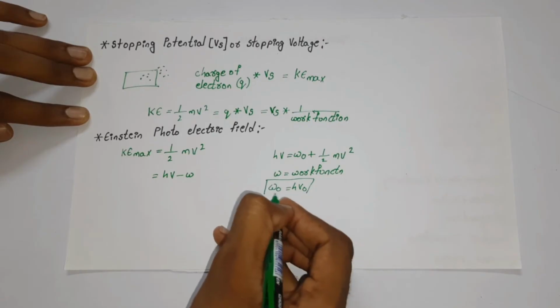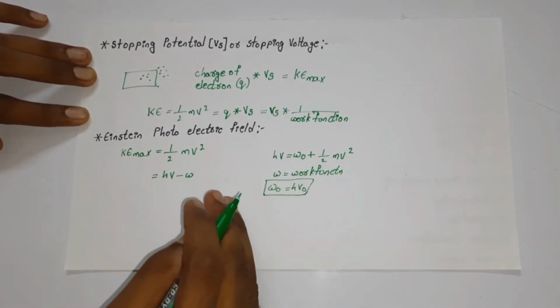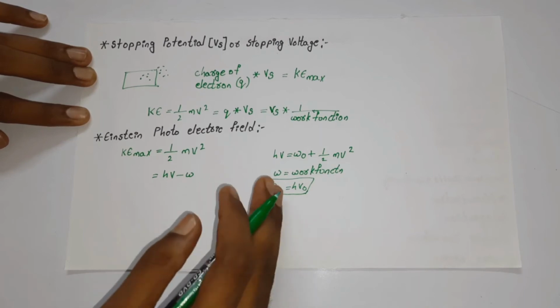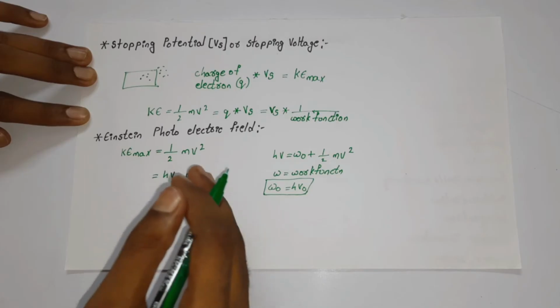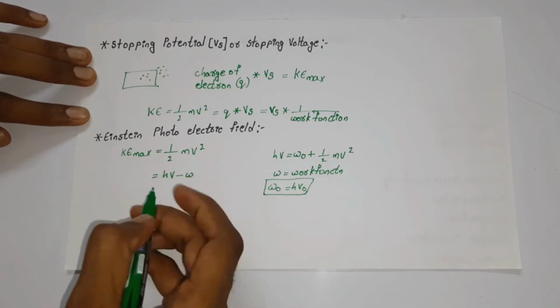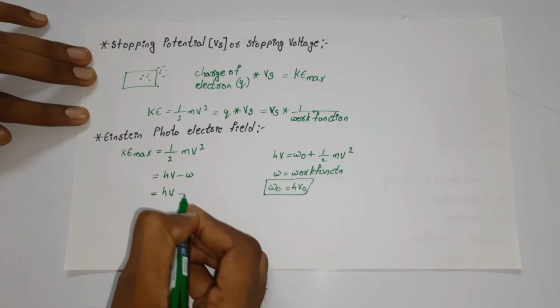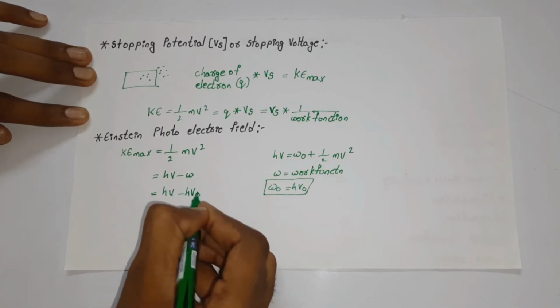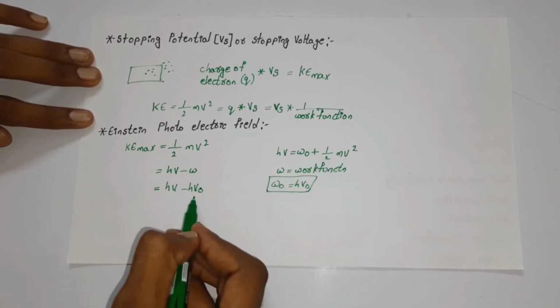So this is the condition, and this happens when the energy of the photon can liberate the electrons from the metal. At that particular time half mv square can be written as hv minus w, and we can replace this as hv minus hv naught, since w is equal to hv naught.